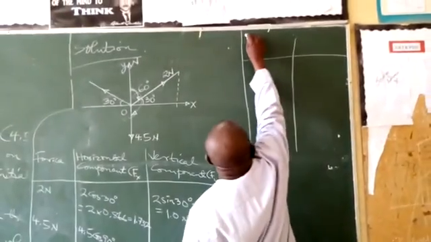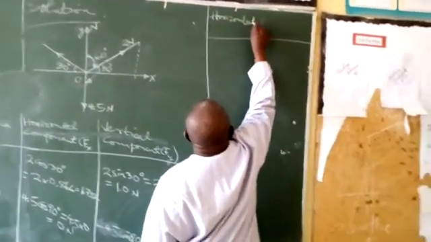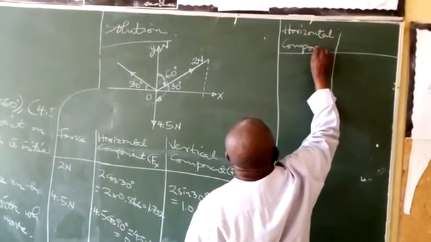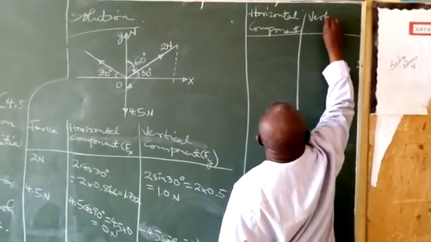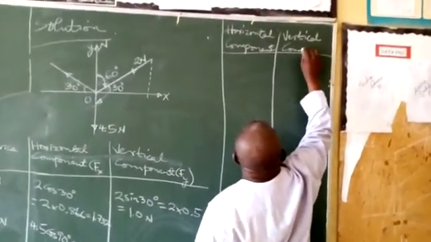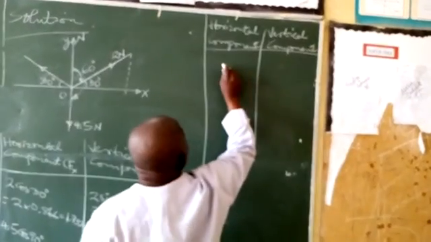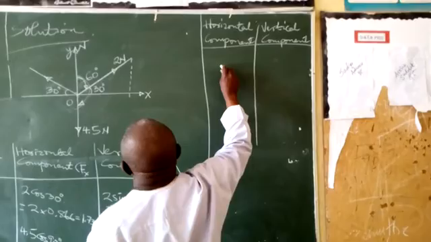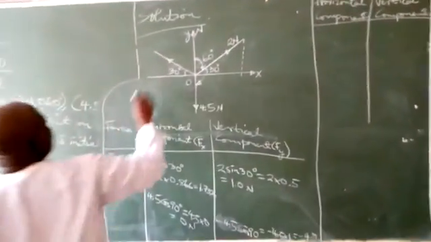This is the horizontal component, and the vertical component. Continuing, the third force is 5 Newton.